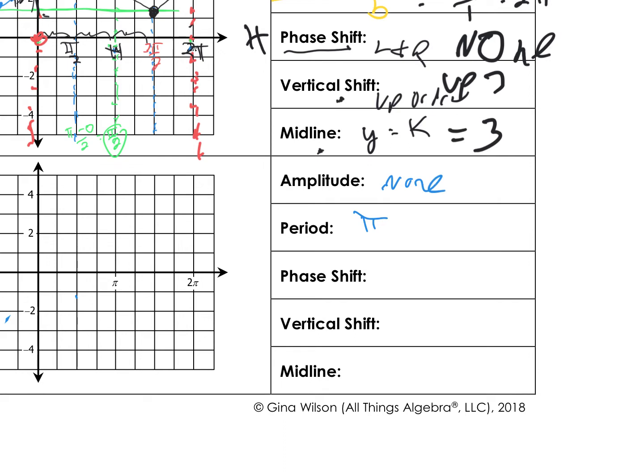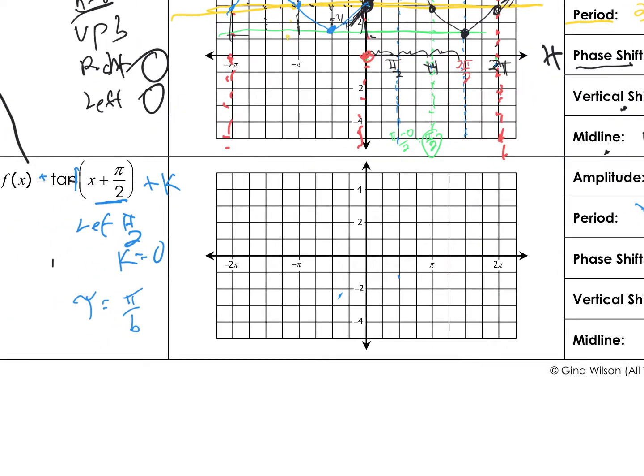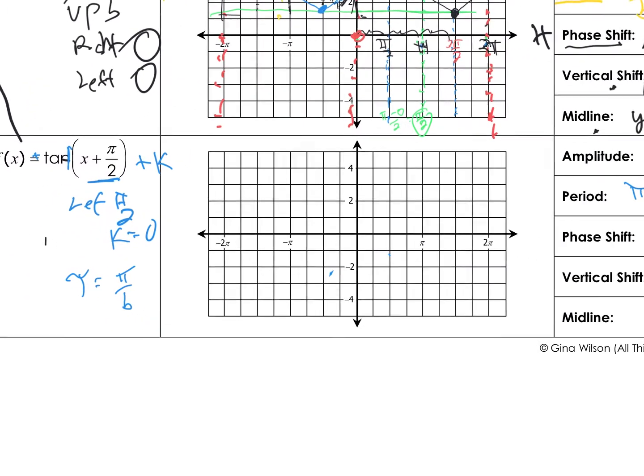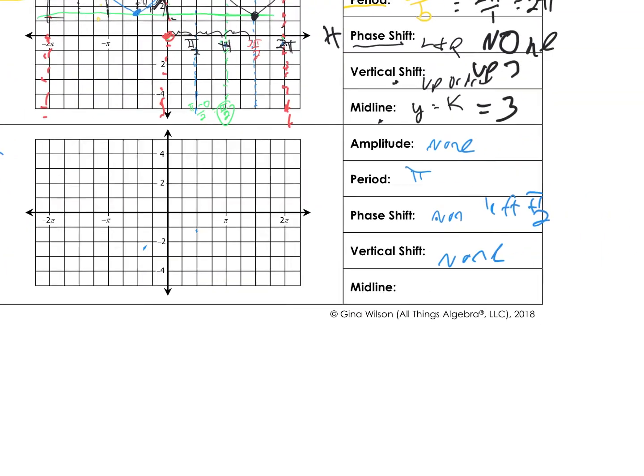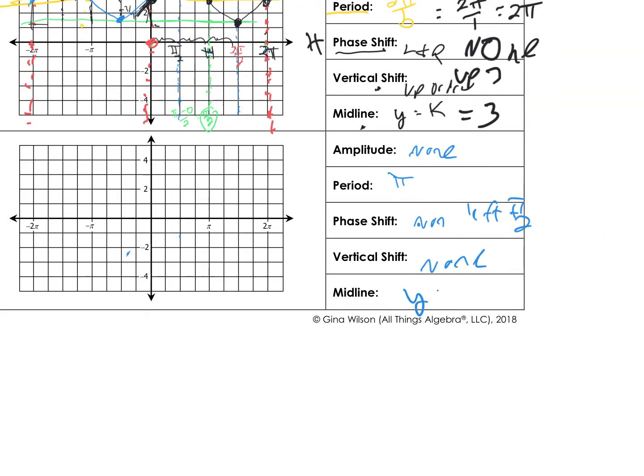The phase shift, it had none. Oh, yes, it does. I'm sorry, I lied. Let me look at it. I said it goes left pi over 2. So its phase shift was left pi over 2. Vertical shift had none. And the median used to be y equals 0. It still is, y equals 0.